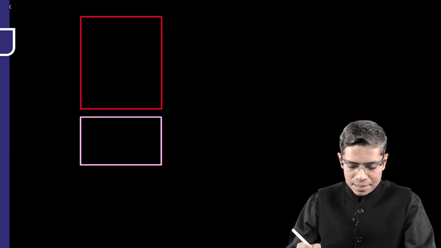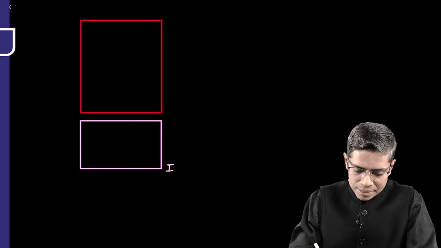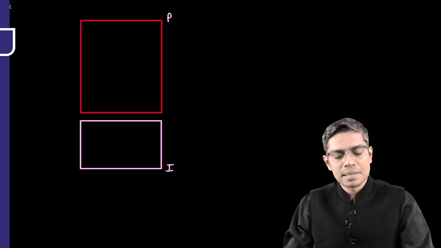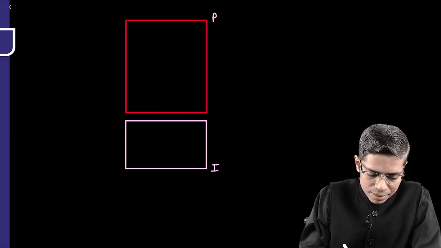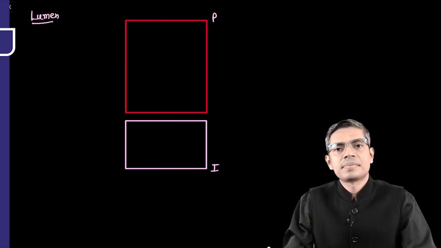This is the P cell, and near to this P cell, I'm drawing this I cell. So this is the I cell, and this red colored one is the P cell. Again, this is the luminal side, right?